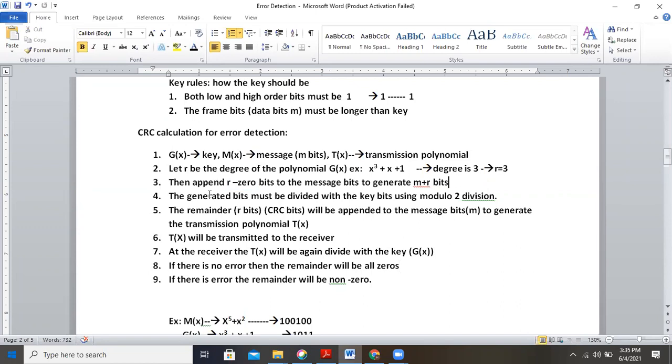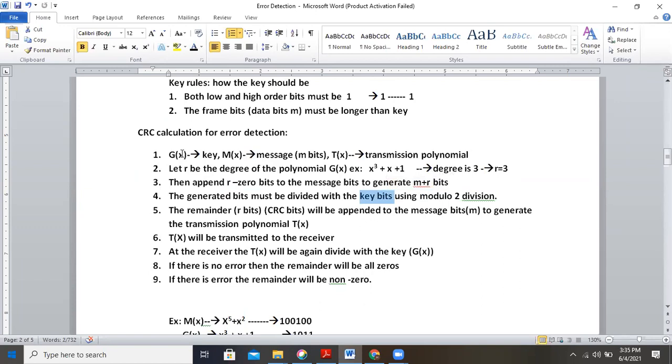Okay, so in these generated bits, M bits are the message bits, R 0 bits we are going to add, and this must be performed with the modulo 2 division. We are going to perform division. So how we are going to divide? The generated M plus R bits must be divided with the key bits.